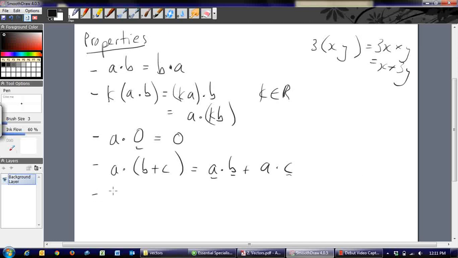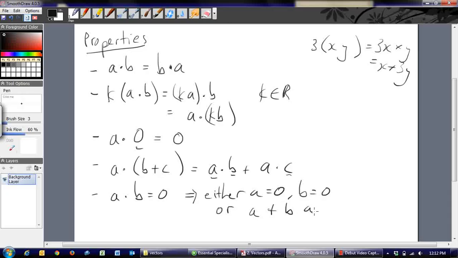Also, a really important result is this, and this is probably the most important result. If you have that A dot B is equal to 0, what this tells you is that either A is equal to 0, B is equal to 0, or, most importantly, if neither A nor B is equal to 0, that means cosine theta must be equal to 0, which means that A and B are perpendicular.